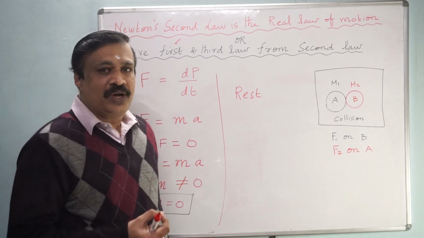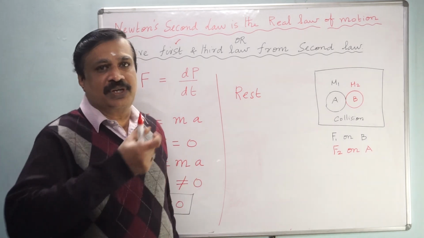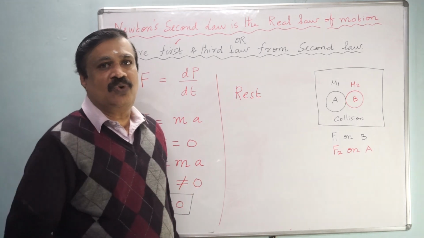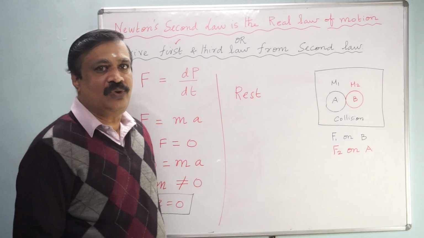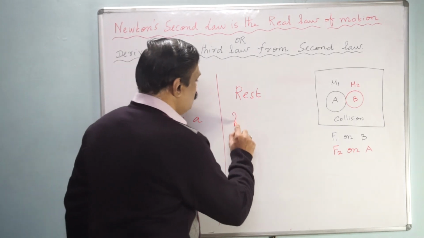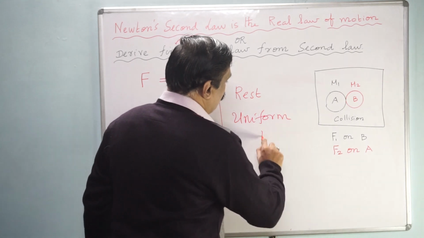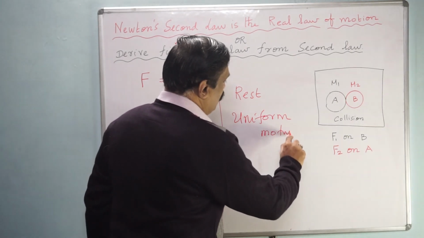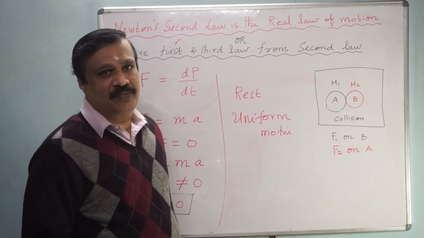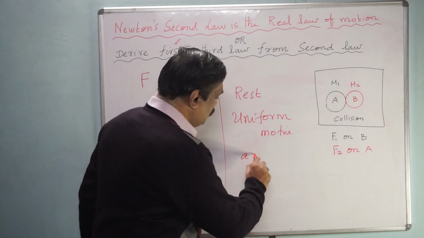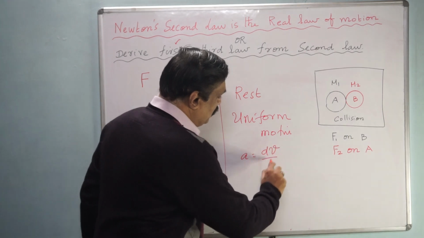Second one, if the body is in uniform motion, then also there is no acceleration. Acceleration, I think last class we have defined, acceleration equal to dv by dt.